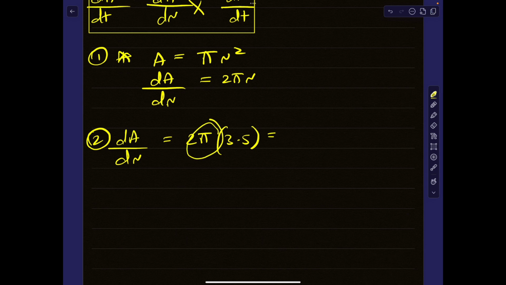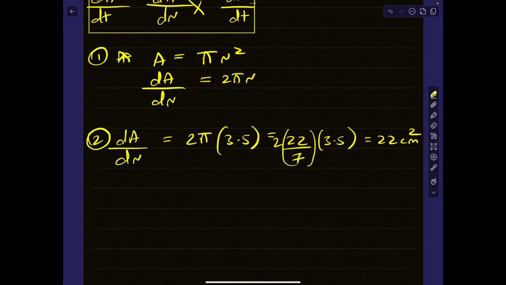I'll use pi as 22 over 7, and I end up having something like this. That is 22 centimeter square. So this is my dA over dr.